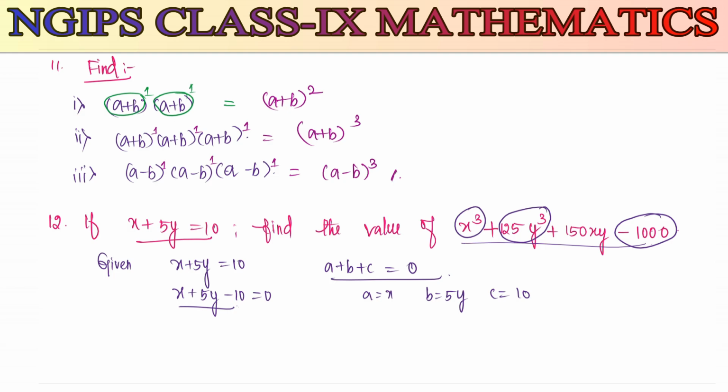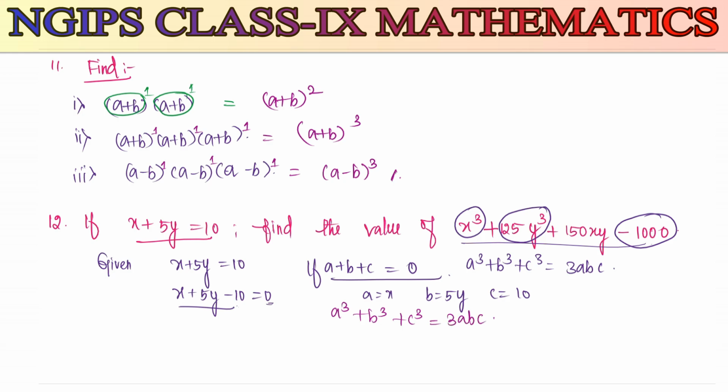When the expression a plus b plus c is equal to 0, then we have a cube plus b cube plus c cube is equal to 3abc. Now I am going to apply the formula.